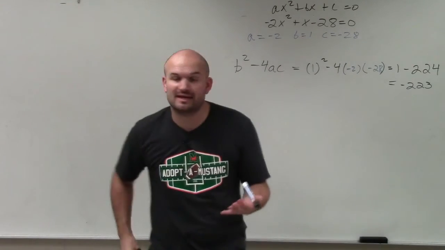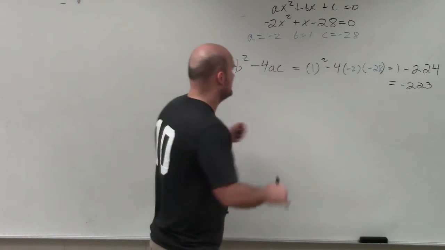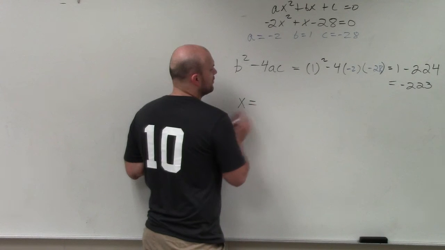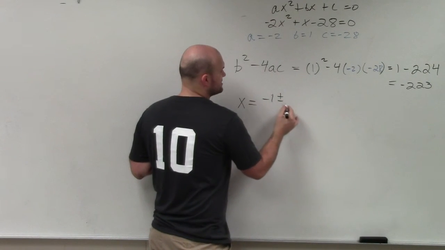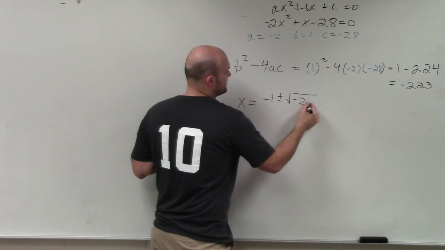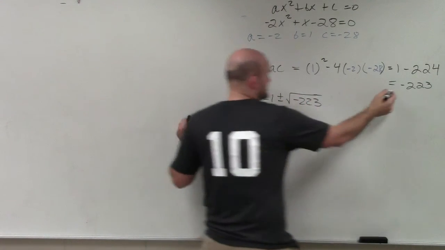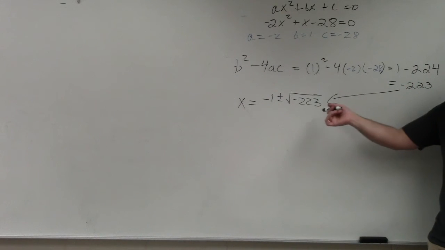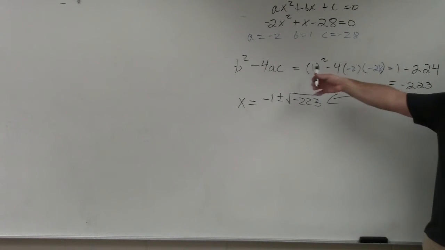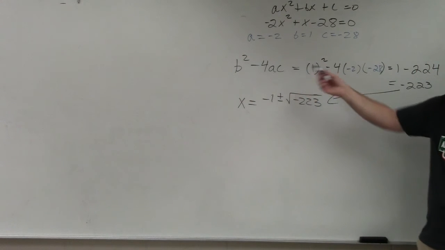Even with that number, now we just go through the rest of the quadratic formula. The x values equal the opposite of b plus or minus the square root of negative 223. Do you guys see how I just put whatever my discriminant is under the radical, because that's where the discriminant is in the quadratic formula?